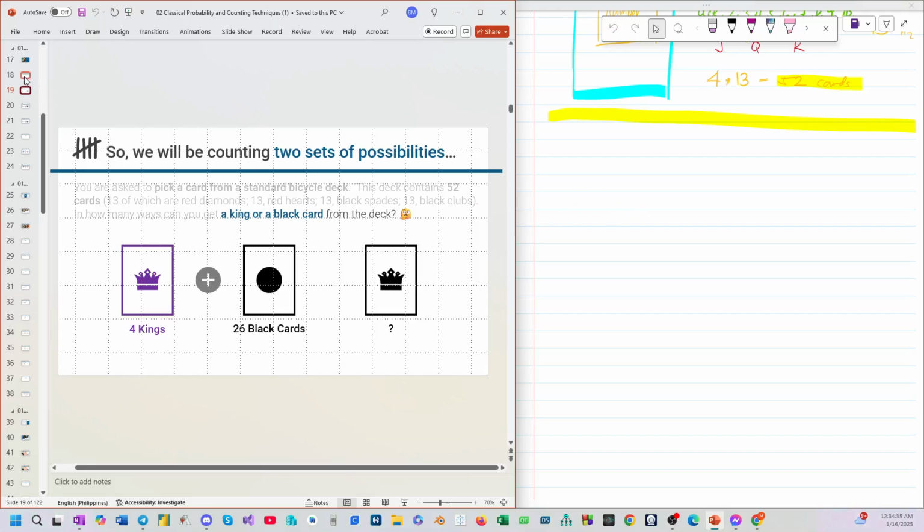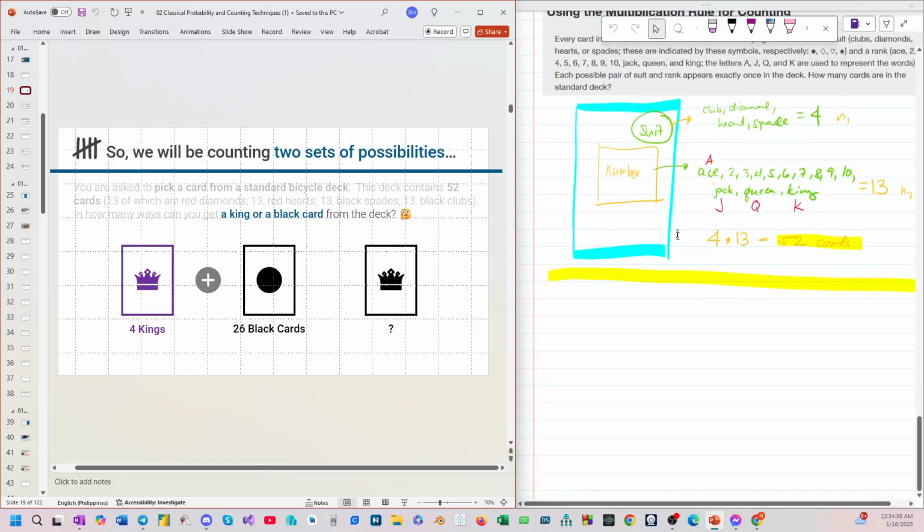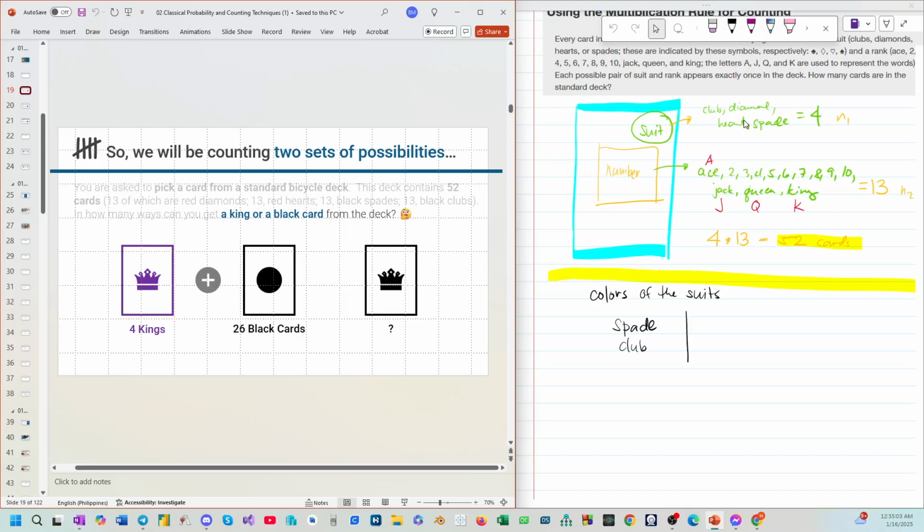If we look at the colors of the suits, we can divide them: spade and club are all black, while diamonds and hearts are red. So these are the colors of the cards, depending on the suit.